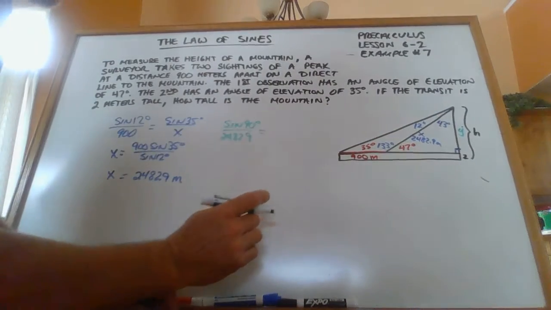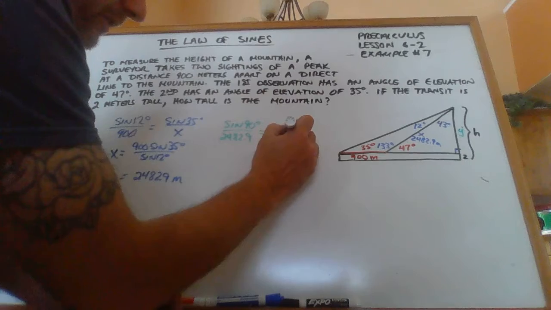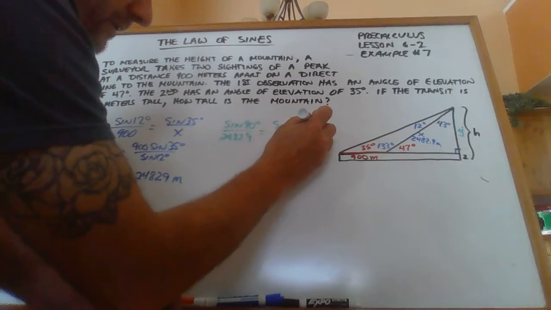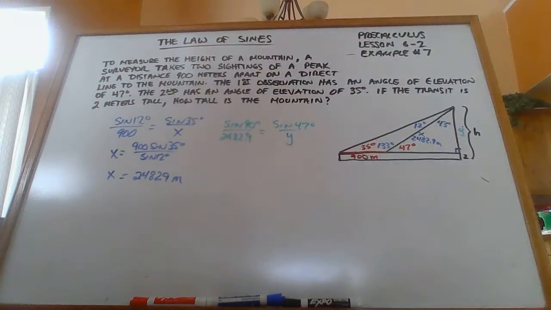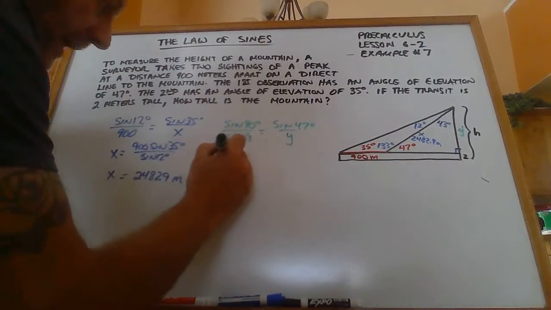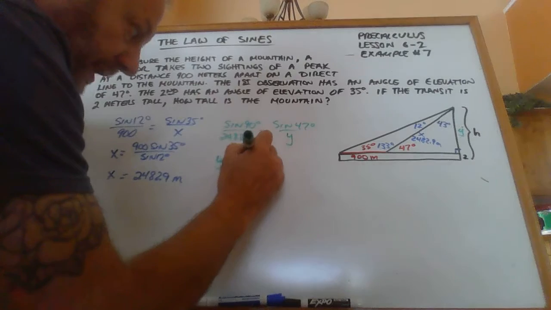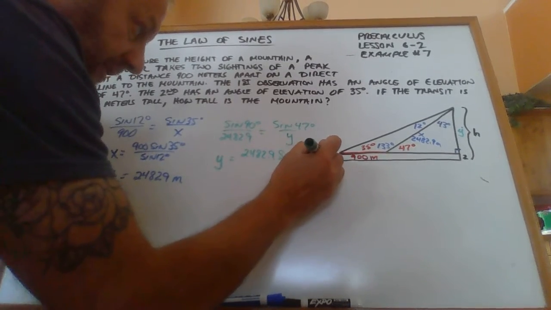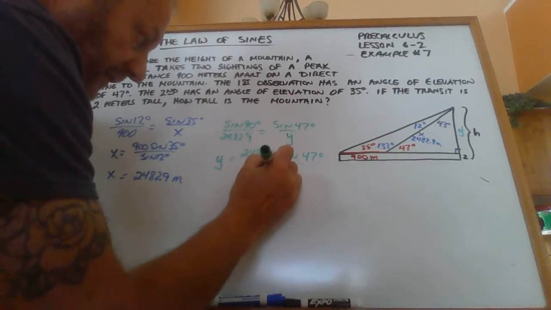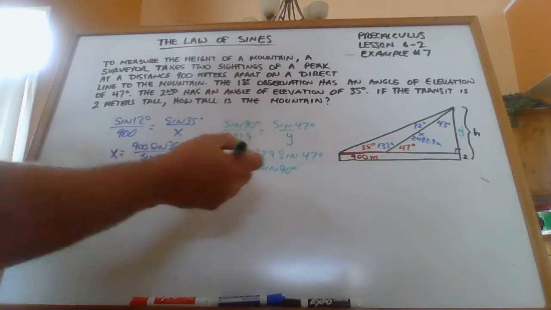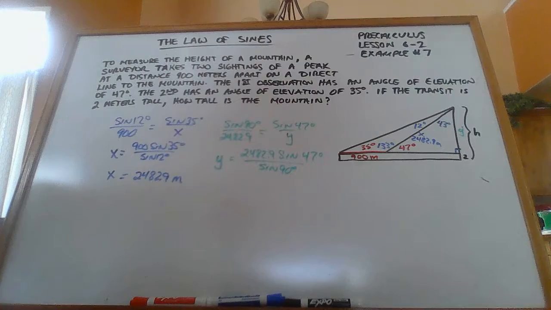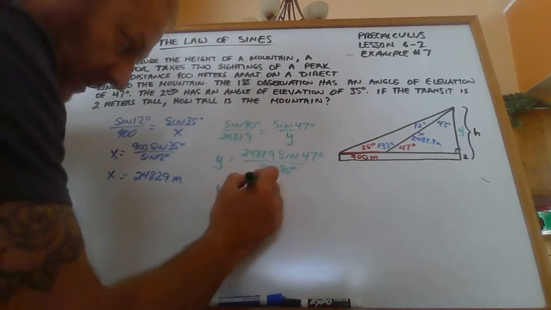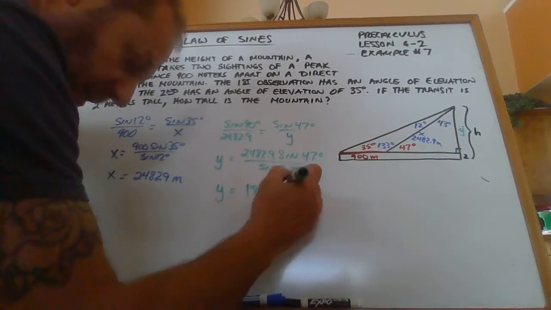So y is going to go on the bottom, and I'm going to get the sine of 47 on the top. So y is going to equal 2,482.9 times the sine of 47 degrees over the sine of 90, which is just 1, so I don't really even need to deal with the bottom part. And y comes out to be 1,815.9.